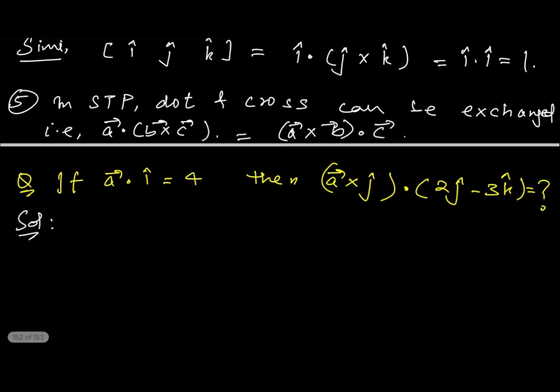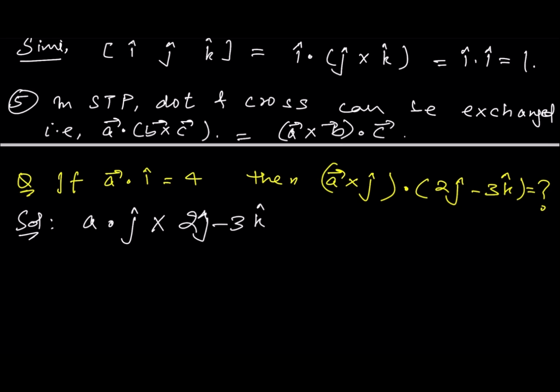So if I interchange dot and cross, in place of cross I have to place dot. So A dot J, and in place of dot I have to place cross, 2J minus 3K.